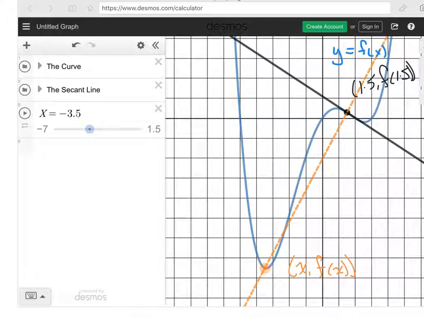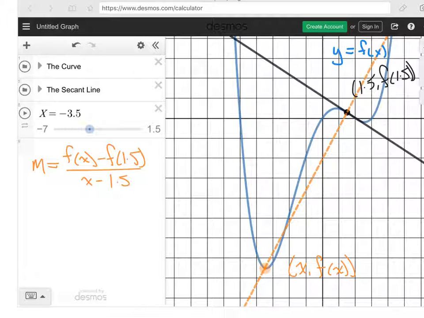So I can find the slope between them. Remember that slope is change in y over the change in x, so our change in y is going to be f of x minus f of 1.5, and our change in x is x minus 1.5. So we can find the slope of the secant line.